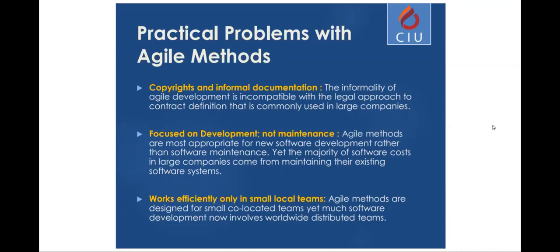Focusing on development and maintenance is another problem. Agile methods are most appropriate for new software development rather than software maintenance. Big companies try to release software and want to maintain it, because they spend a lot of time and energy developing it. They want that software to be used continuously by the users.